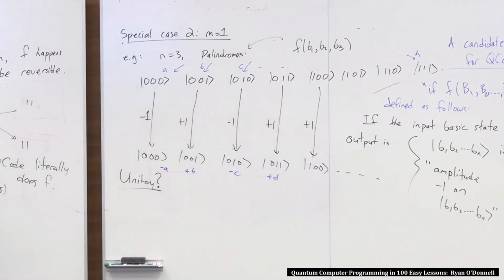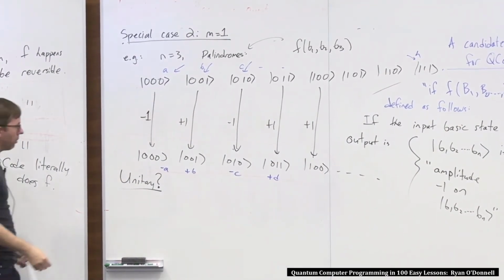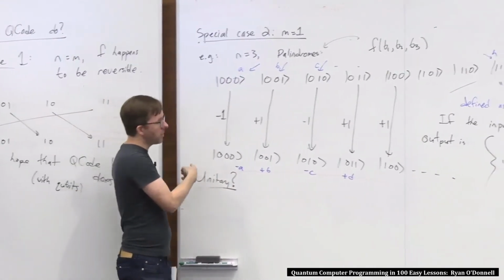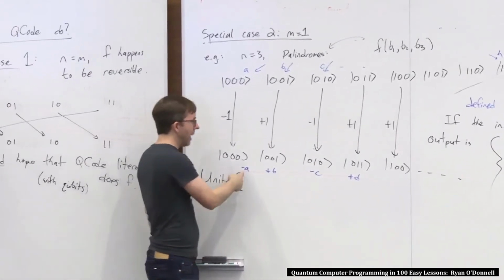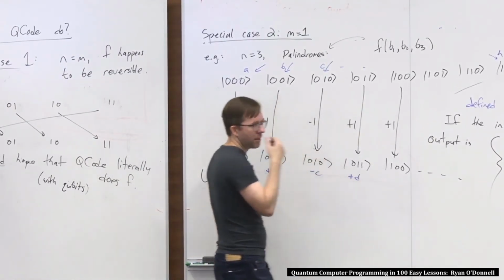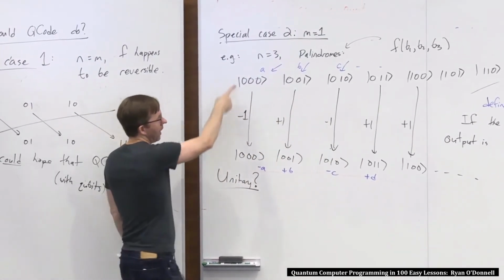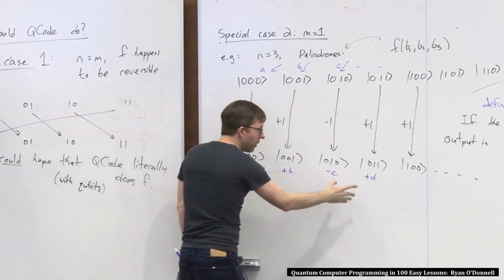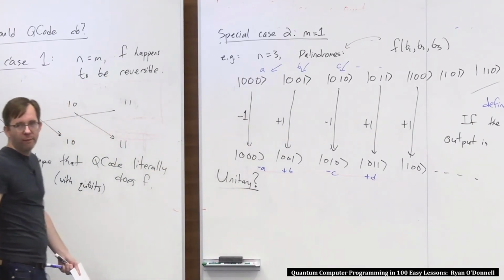So the outcoming amplitudes would again be A, B, C, D, and so on, except maybe with minus signs. But what would the final sum of squares of amplitudes be? It would still be A squared plus B squared plus C squared plus D squared, et cetera. Therefore, if this was a valid state coming in where the sum of the squares of the amplitudes was 1, then indeed the sum of the squares of the amplitudes coming out will also be 1.